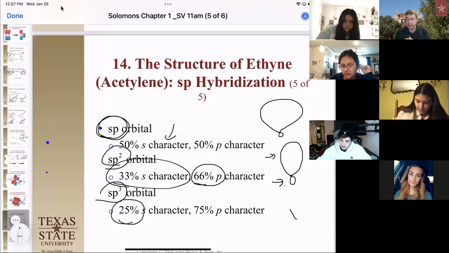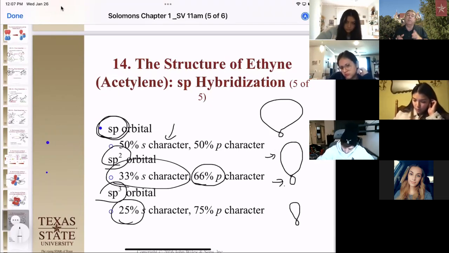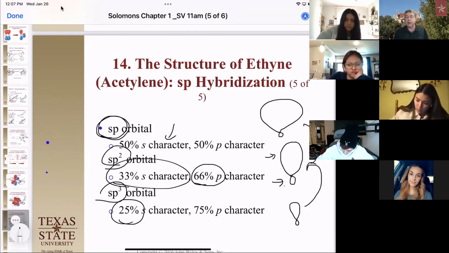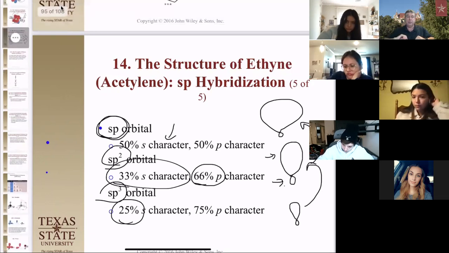So it's going to be closer to that, where we have an oversized side of the lobe. It's round, but it is not as big and round as the sp2, which is not as big and round as the sp. So we actually see a different size in the lobe of the orbital, and that leads to bonding strength. All right, questions on these different sizes?